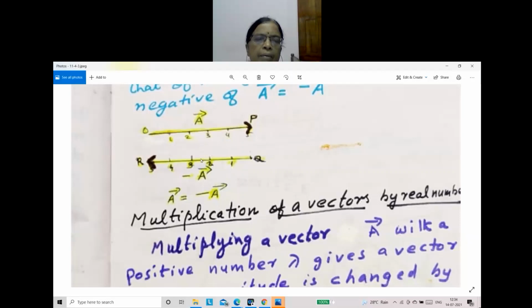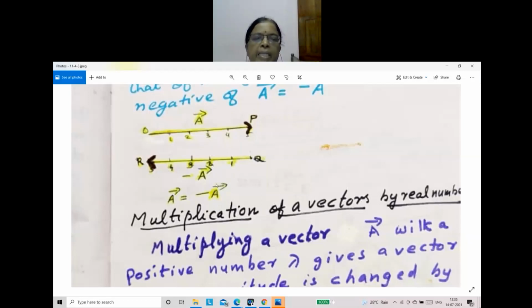So, can I write these two vectors are equal? Children, are they equal? Sriram, are they equal? They are in different directions, right? So we cannot say they are equal, but we can tell they are in opposite directions.